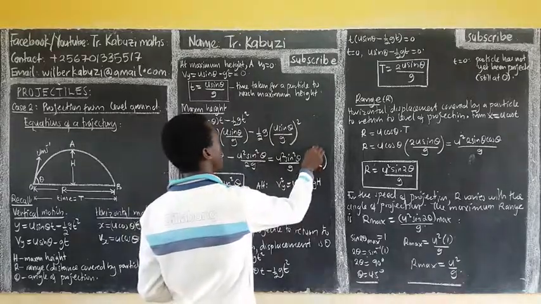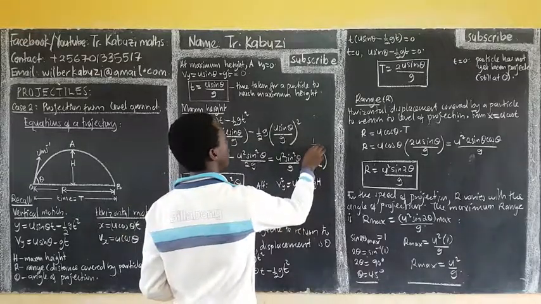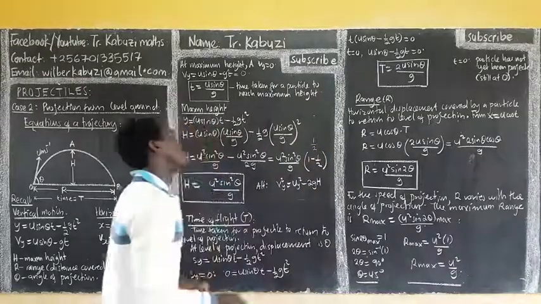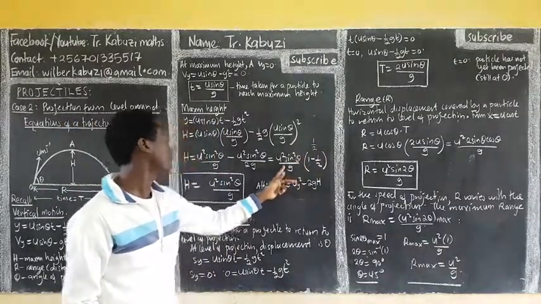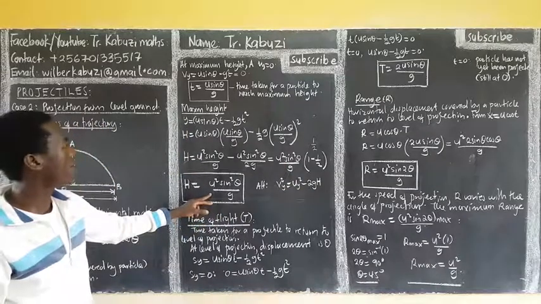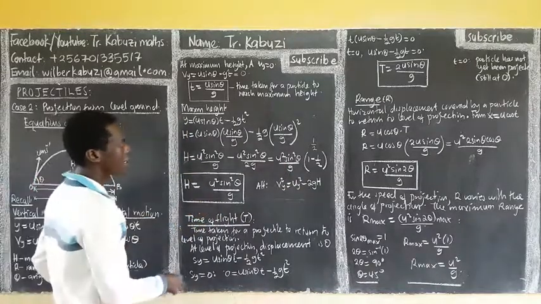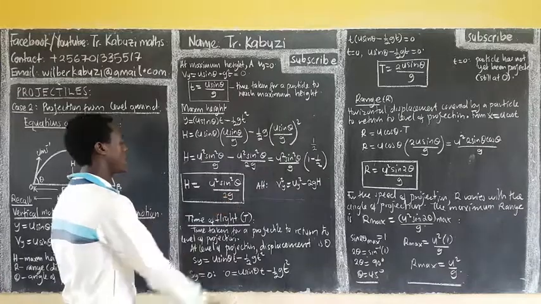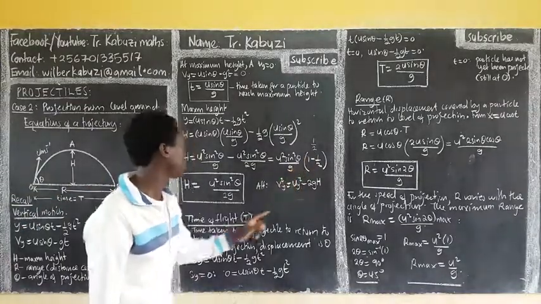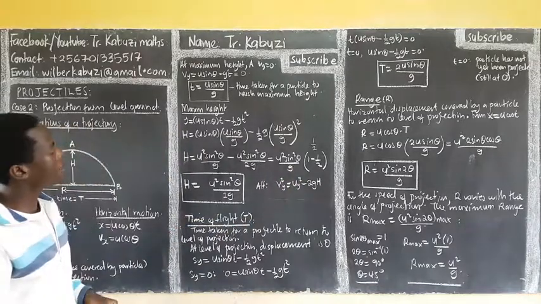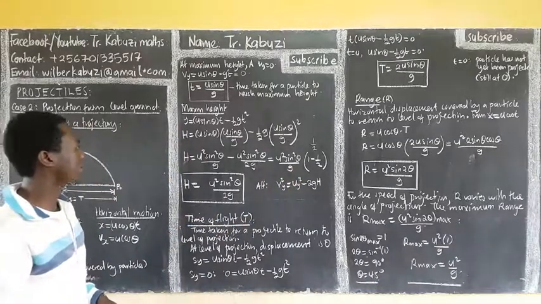But 1 minus a half, the whole of this is going to give us a half. So when you get a half times this, it will just come to this, and that's why we have our vertical as 2g, like that. When we multiply this times this, that's when we shall get our maximum height as that over 2g.